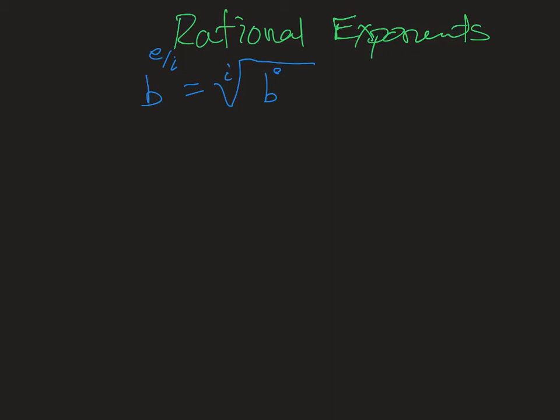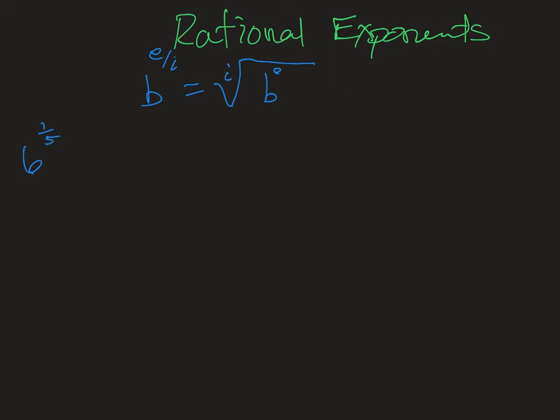Okay, let's take a look at this. Let's say, for example, I had 6 to the 1/5. I would pause the video and see if I could rewrite that as a radical.